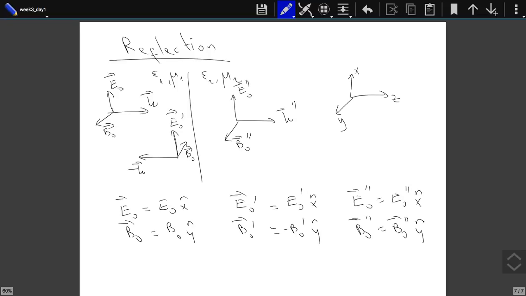So both of them are either positive or both of them are negative, but I don't know which one. Similarly here, E0 double prime and B0 double prime, those numbers can be positive or negative, both of them. Now the question is, how do I determine them?